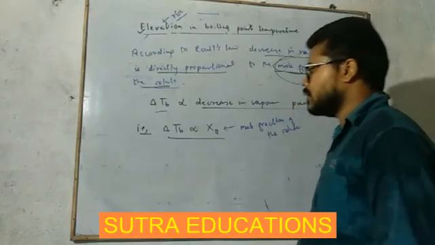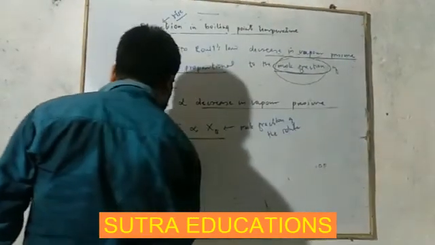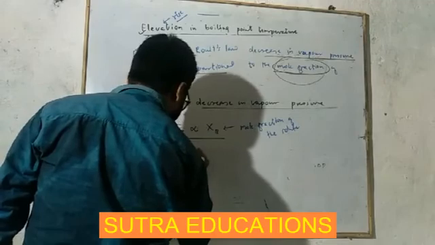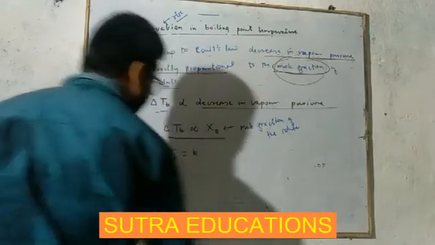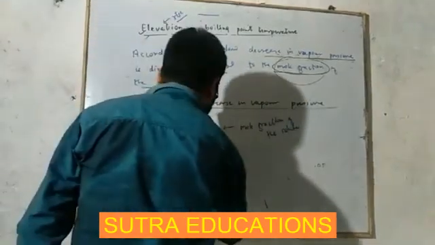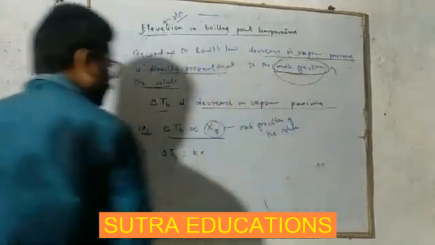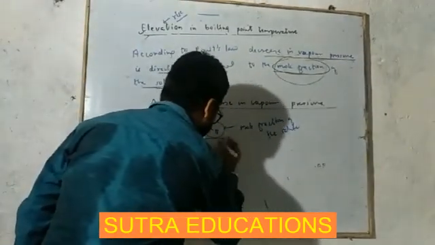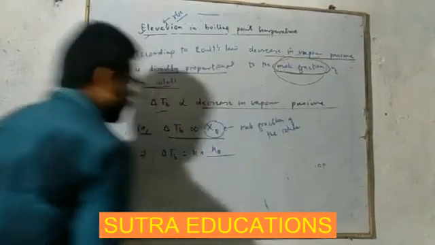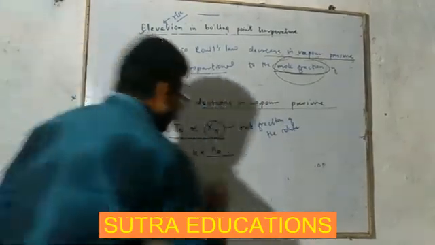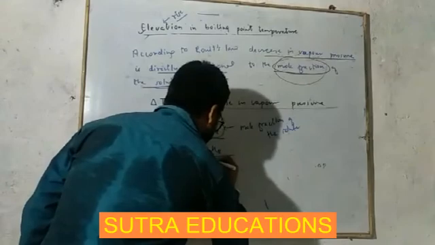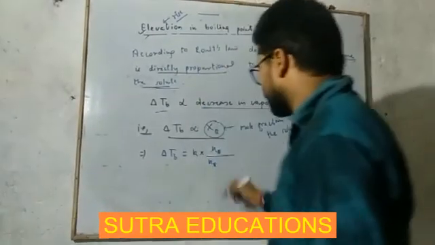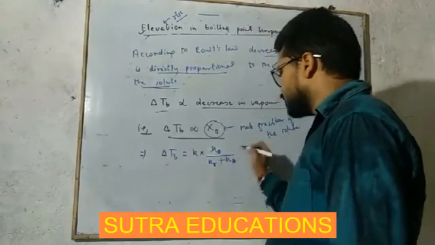Or we can say delta Tb is equal to some constant, say it is K, Xb, and Xb can be written as Nb, the number of moles of solute, upon total moles present in the solution, means Nb plus Na. We can write like this.